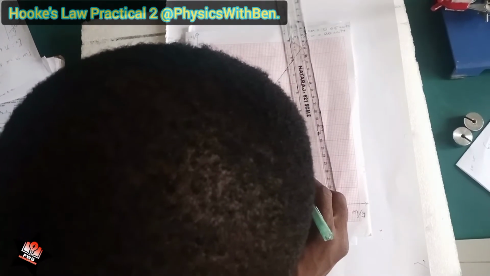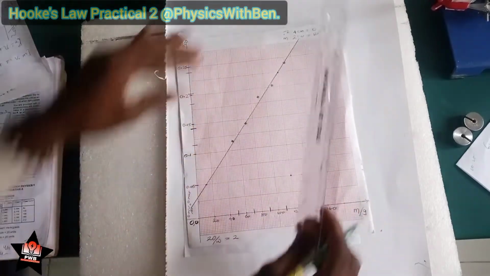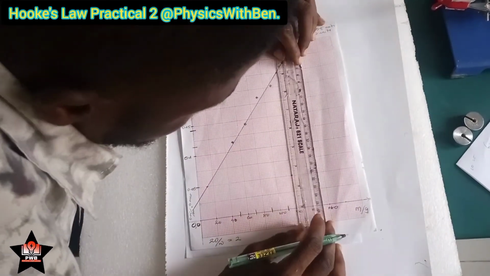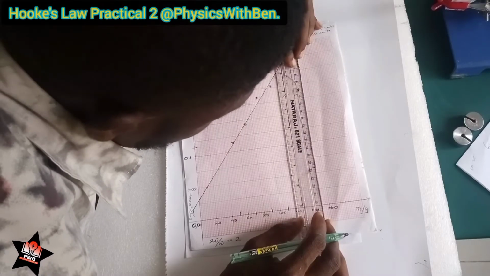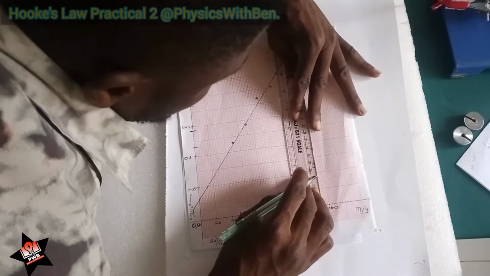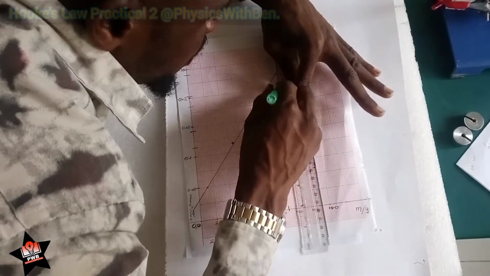Down here. Down here. Good. So this will be my triangle for the slope. Always draw a big triangle to avoid having error in your experiment.